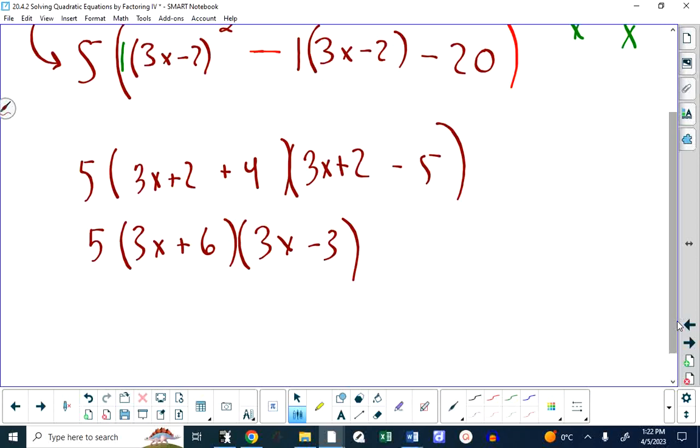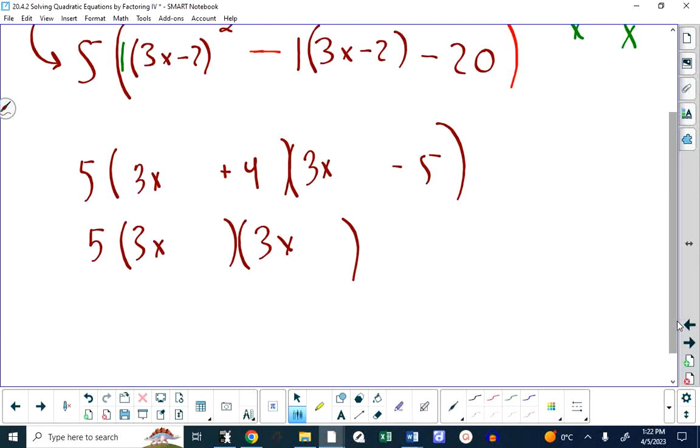How does it go from 3x minus 2 to 3x plus 2? I don't know. Thank you. Let's change that. I don't know because I can't tell you what my brain did there. Sometimes my brain is inaccessible even to myself.